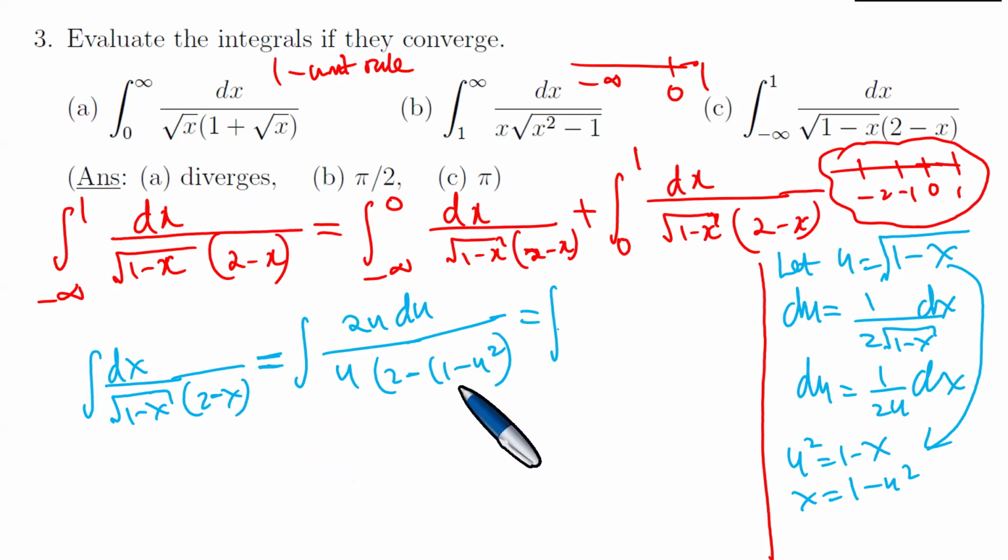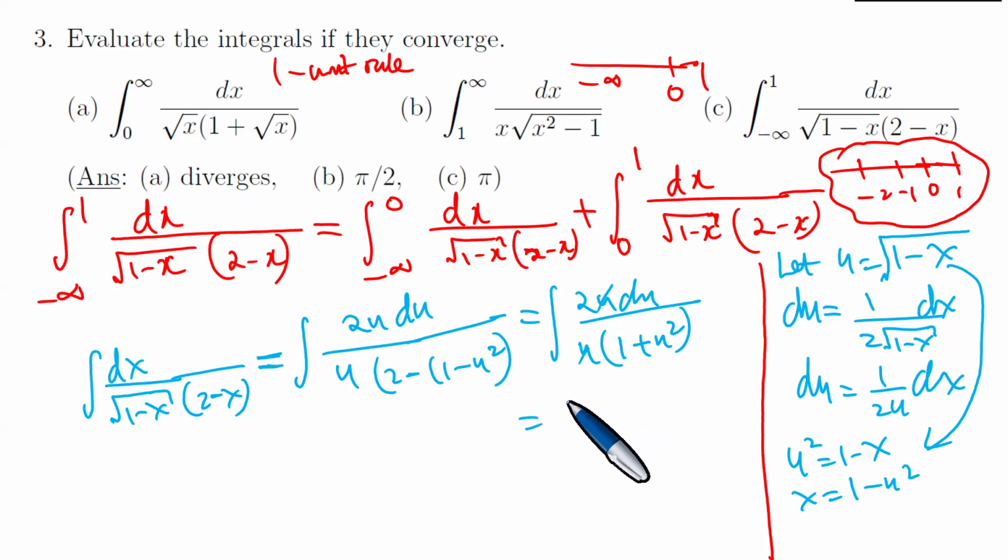So you have this one. You have 2 minus 1, which is 1 plus u squared. These two cancel, giving us 2 du over 1 plus u squared. Aha. There it is.